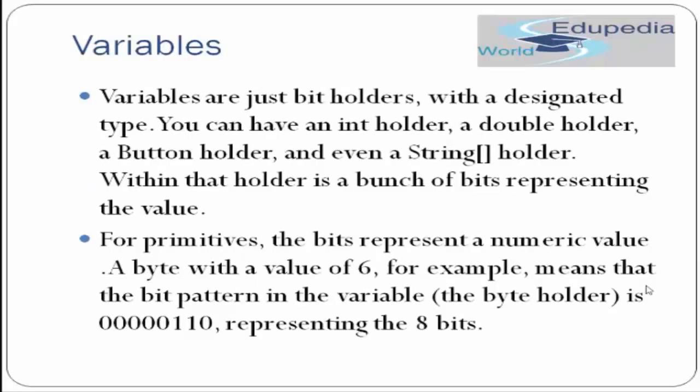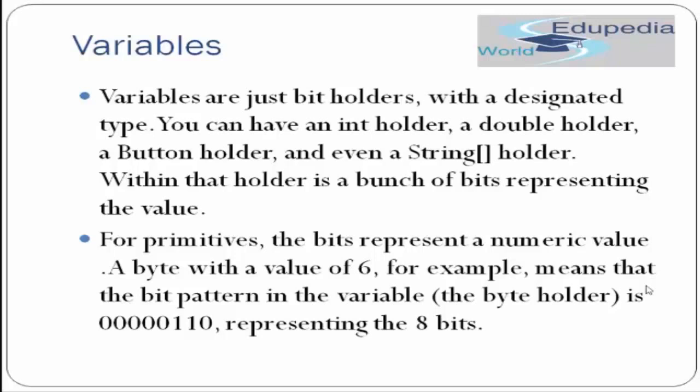If we talk about variables in terms of memory, variables are just bit holders, bit holders of a designated type. So you can have an int holder or a double holder or a button holder. What is button?